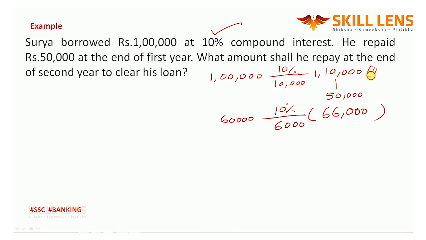At the end of the first year, you need to pay 1 lakh 10,000. But you paid 50, left with 60,000. On 60,000 you need to pay 10% again, which is 6,000. So totally if you want to clear your loan, you need to repay 66,000 rupees.